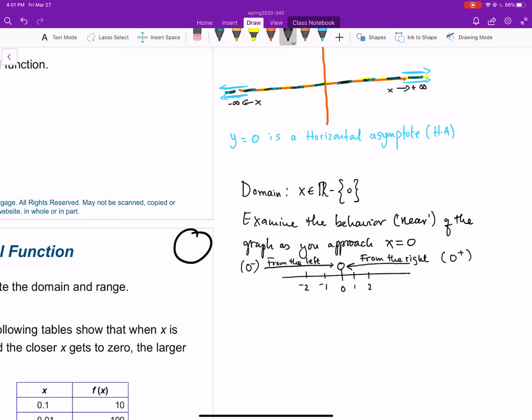So again, we're going to try and pick some numbers that are really, really close. So when we talk about 0 minus, I want you to start thinking about numbers that are really, really, really close to 0 from the left. From the number line that I have over here, do you think -1 and 0 are close or they are further apart?